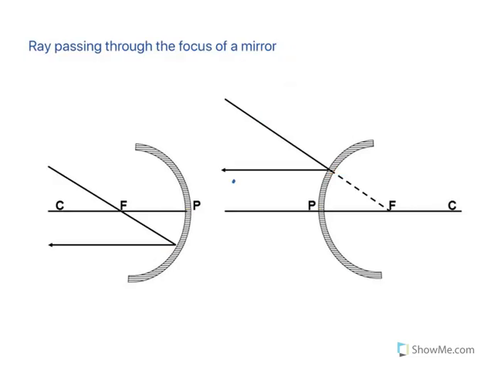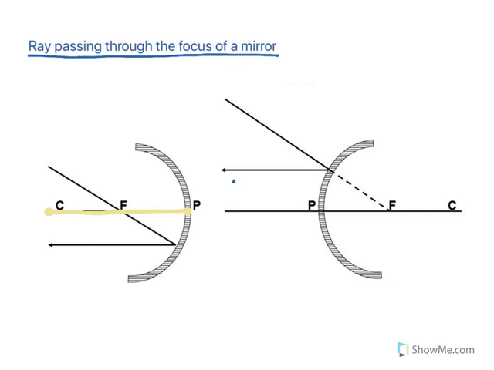Next we will see how a ray passing through the focus of a mirror behaves after reflection, what would be its path. So first we'll mark our principal axis. Here is the pole, here is the center of curvature, and the line passing through the center of curvature and the pole is called the principal axis.